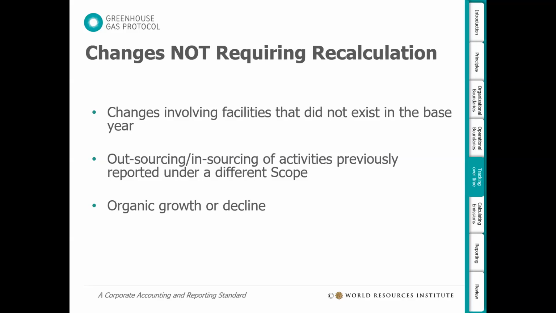Okay, so to take an example, if a company simply grew by adding on more manufacturing capacity, perhaps it built a new plant, that growth wouldn't constitute a structural change, and it should never trigger recalculation of the base year inventory.